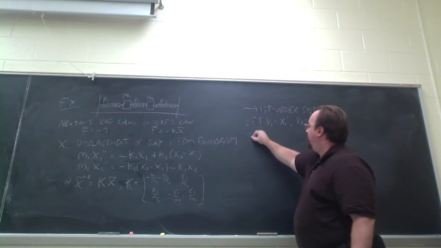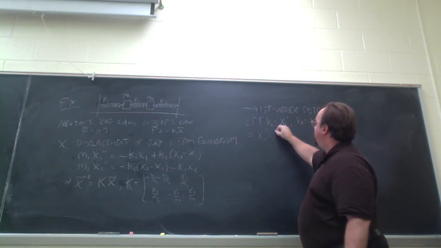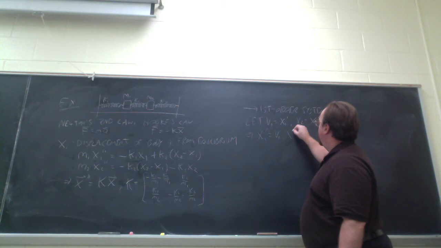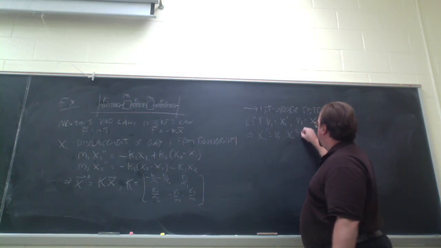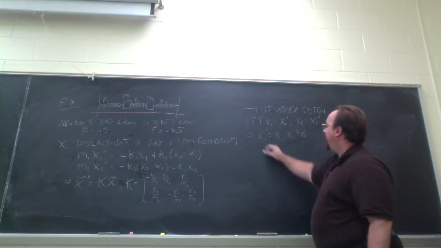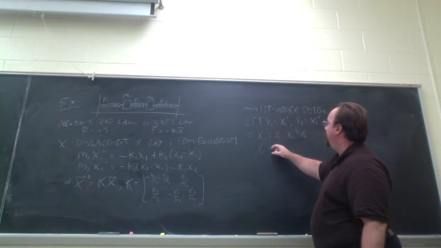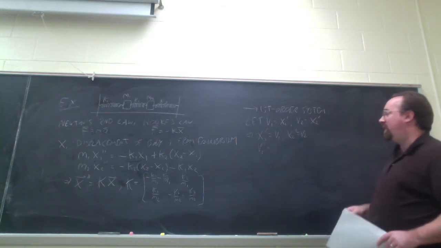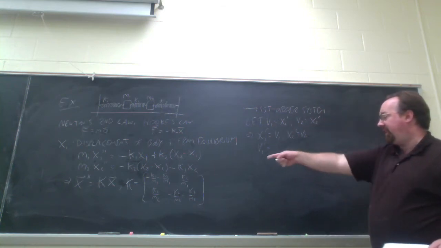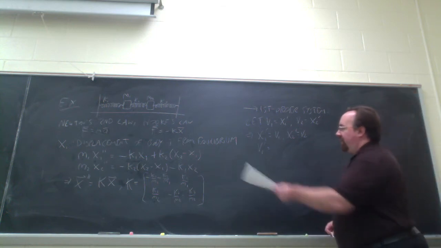So we have x1 prime is v1, x2 prime equals v2, and then I have v1 prime is x1 double prime. So then I can go back to that system there.